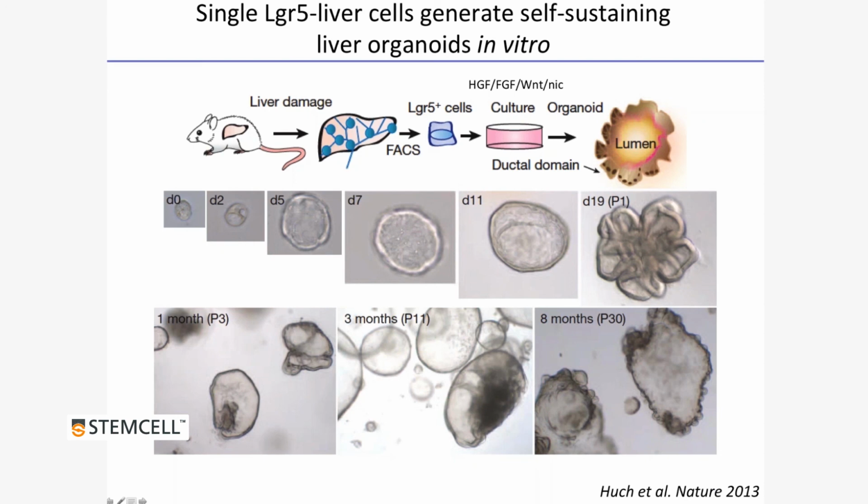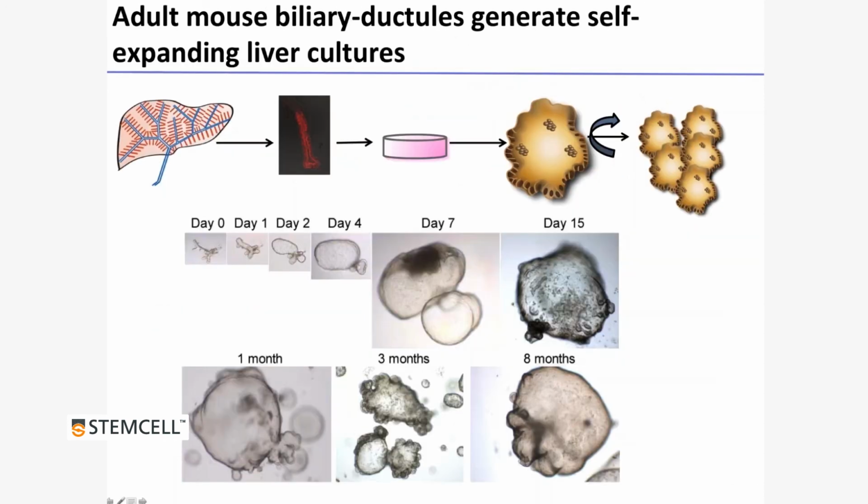So what we asked here is, can we do the same with a normal liver? And the answer was yes. If we isolate ductal cells from a normal liver, and probably the isolation procedure is what is causing the damage to the liver, this triggers a regenerative response in a way that these nice isolated ducts close very quickly and directly start forming, again, organoid structures.